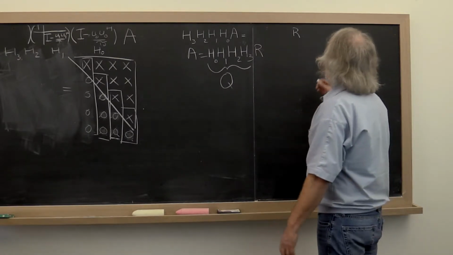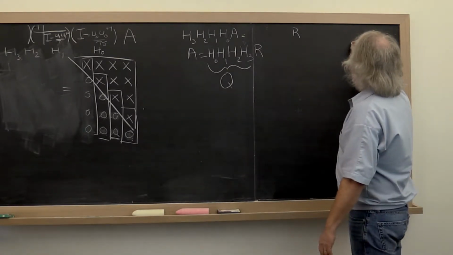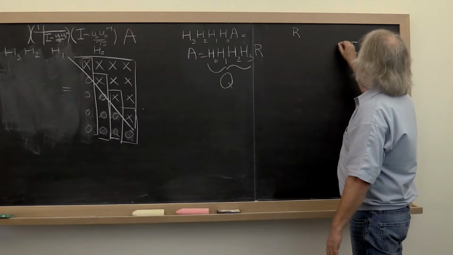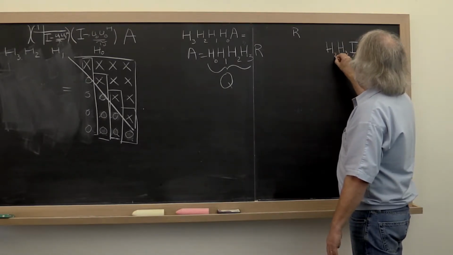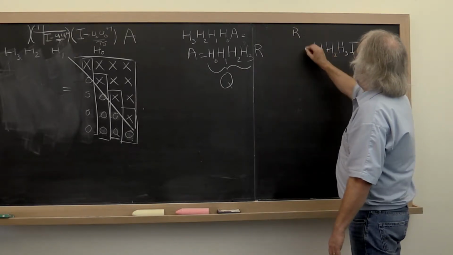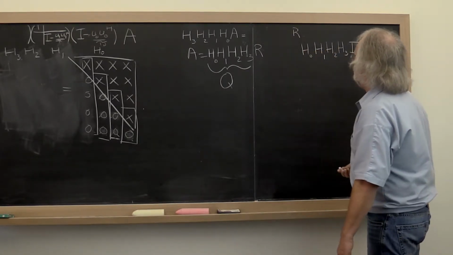Well, the way to think about this is that we can take our identity and multiply that by H3, and then by H2, and then by H1, and then by H0.